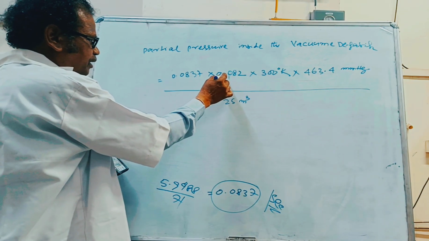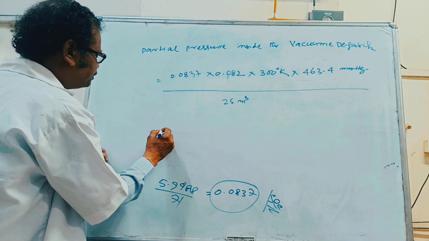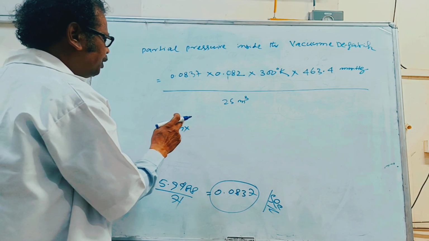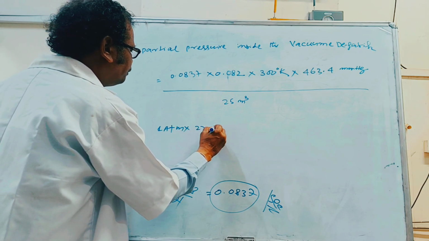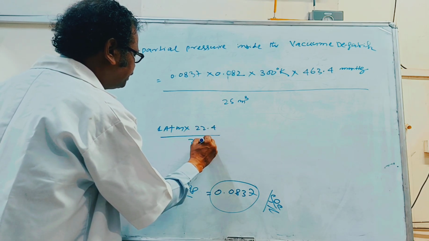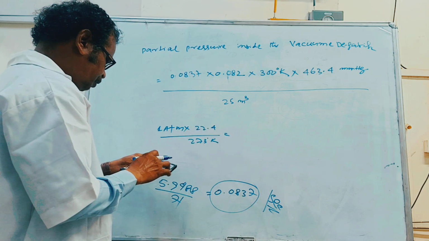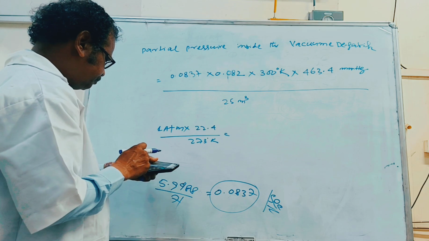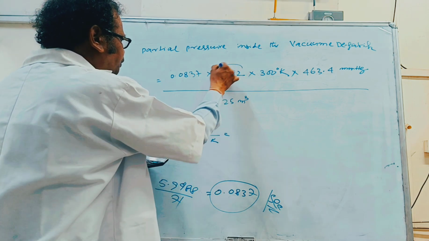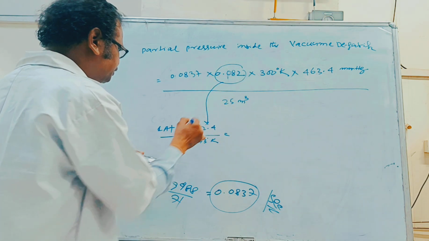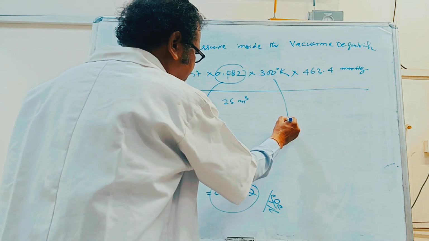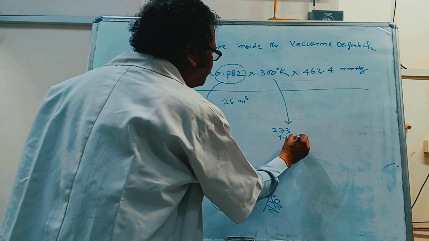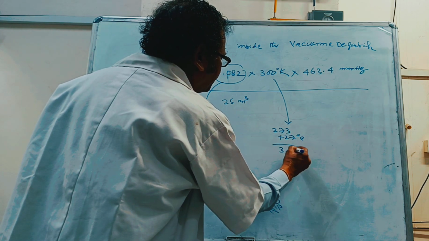Now how the R constant comes: 1 atm into 22.4 divided by 273 Kelvin, that is 22.4 divided by 273, is equal to 0.082. This temperature value comes from 273 plus 27 degree centigrade, equal to 300 Kelvin.